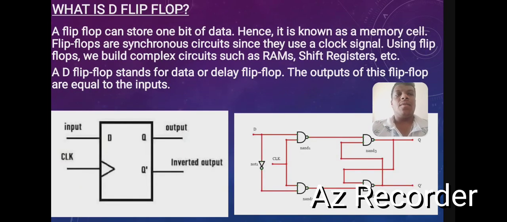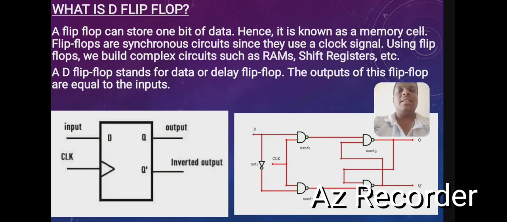What is a D flip-flop? A D flip-flop can store a bit of data, hence it is known as a memory cell. Flip-flops are synchronous circuits since they use a clock signal. Using flip-flops, we can build complex circuits such as counters, shift registers, etc. A D flip-flop stands for data and delay flip-flop.